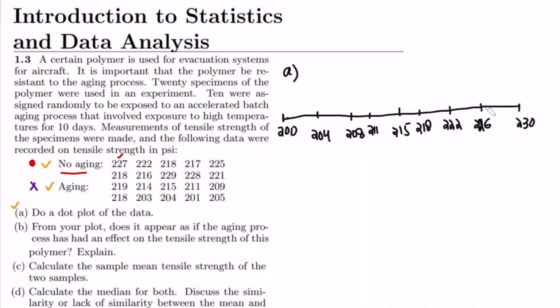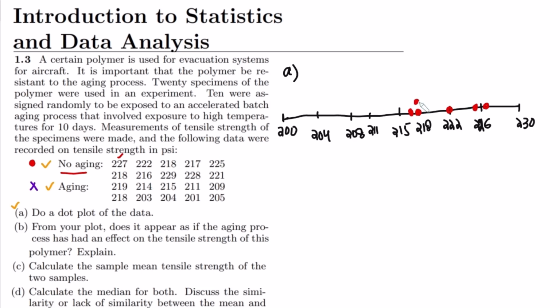Okay, so the first data I have is 227, and let me have it. Okay, so this is 227. The second one is 222. This is here. The third one 218. This is here. Okay, fourth one 217. Let me have it here. And then 225. So 225 is somewhere here. Okay, the other one is 218 again.